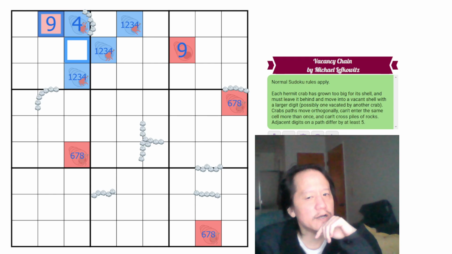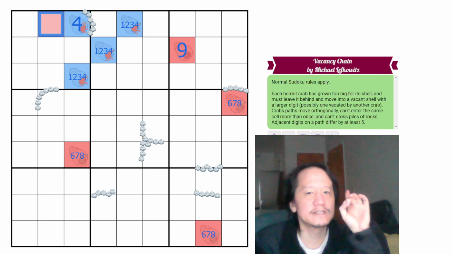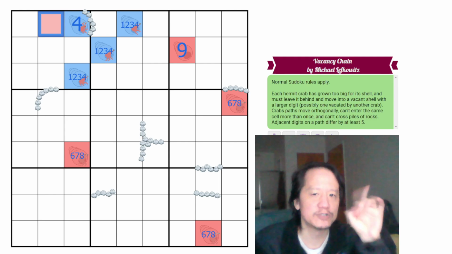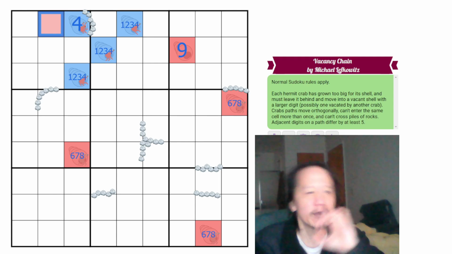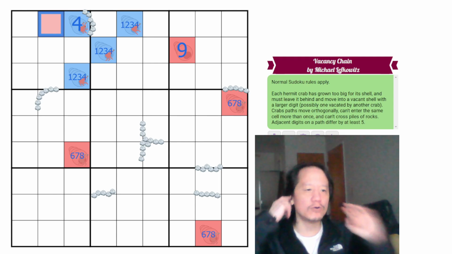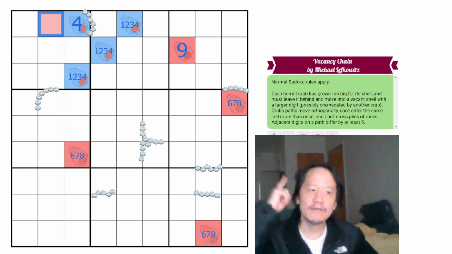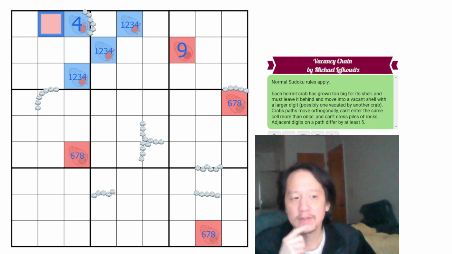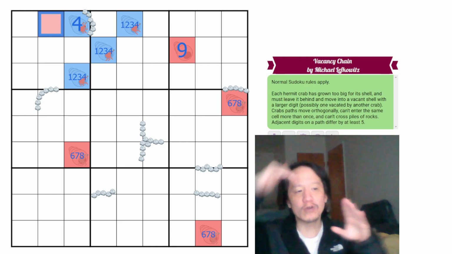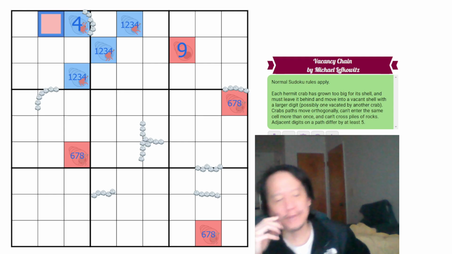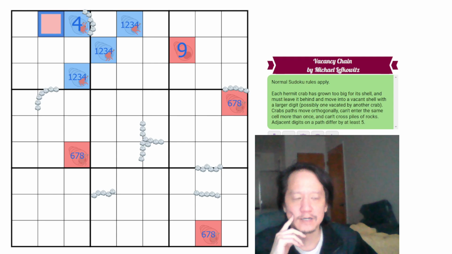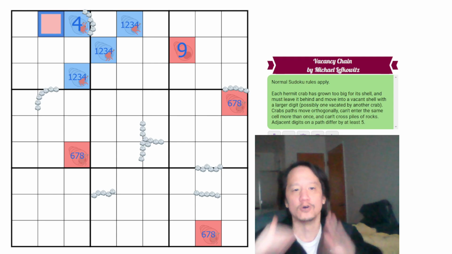So yeah, since it says crab paths can't enter the same cell more than once, that means you can only enter the cell once for any crab path. It's not basically all crab paths can enter in it, and that makes a lot more sense in the sense of limiting the scope, right?